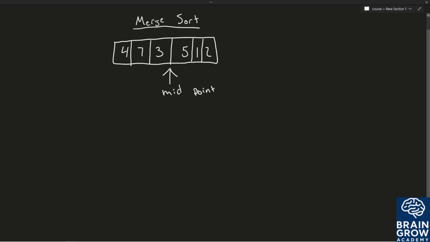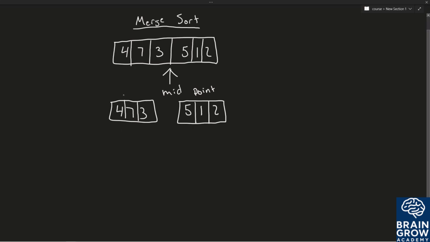Divide the array in half. Now we have two arrays, 4, 7, 3, and 5, 1, 2. Again, this is very high level, and we will go over it in more depth after we get this high level view out of the way.